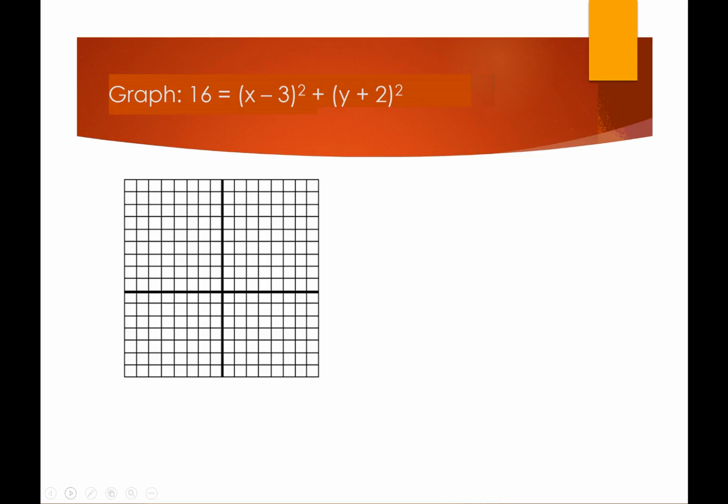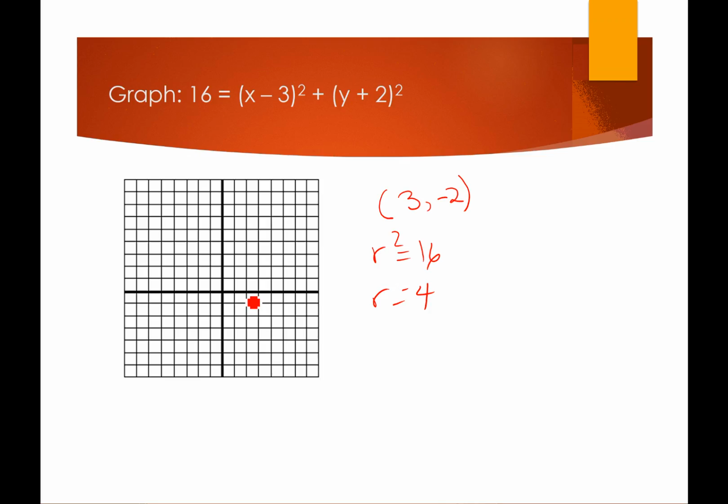Okay, let's now graph. So I've got 16 equals x minus 3 squared plus y plus 2 squared. So my center is going to be at 3, and remember it's always opposites when I'm inside parentheses, minus 2. If r squared is 16, r is 4.